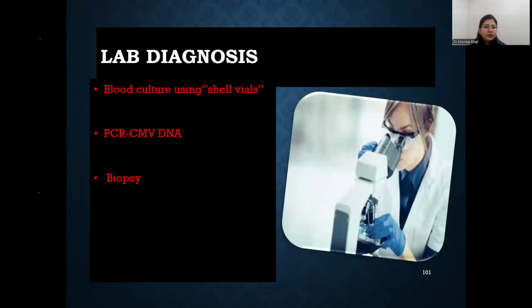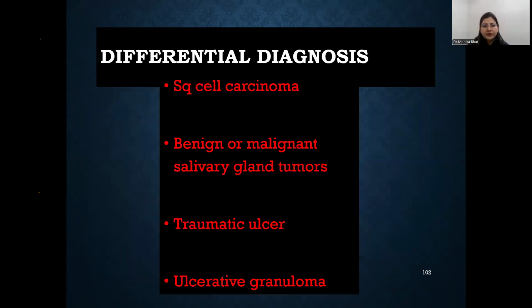For lab diagnosis, shell vials and blood cultures are examined to rule in the definite diagnosis. Differentials can be squamous cell carcinoma, because there is a growth on the oral lesions or gingival growth, then benign or malignant salivary tumors, traumatic ulcers, and ulcerative granuloma.